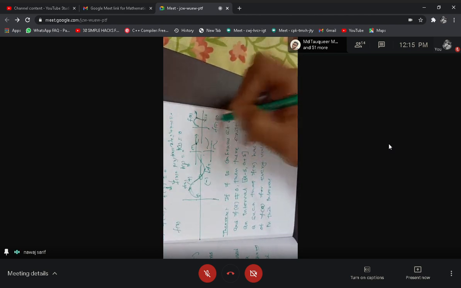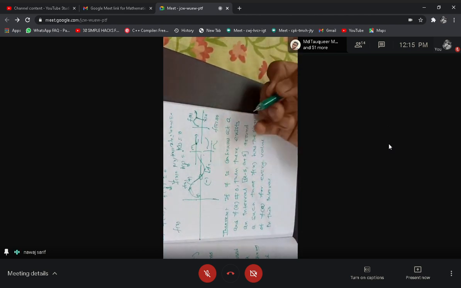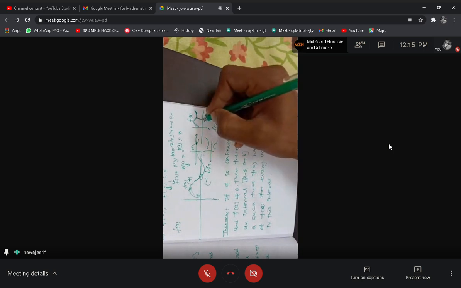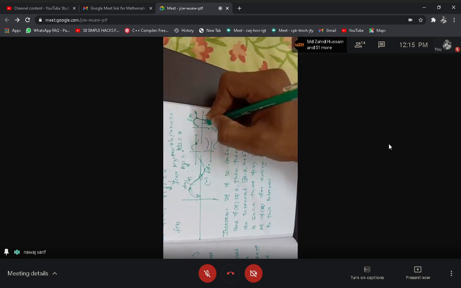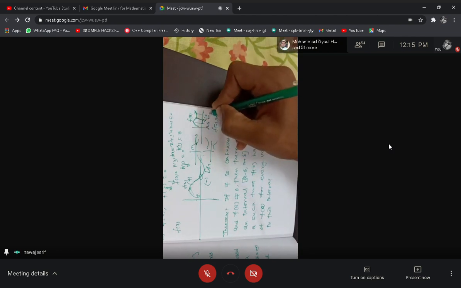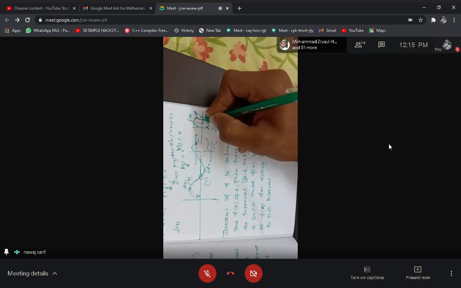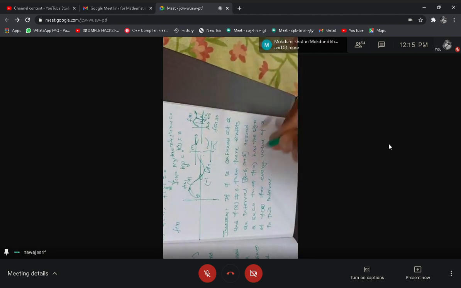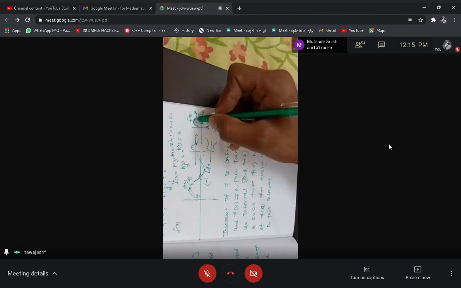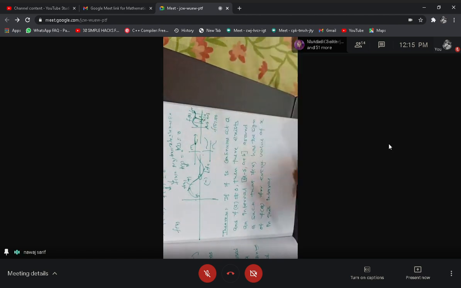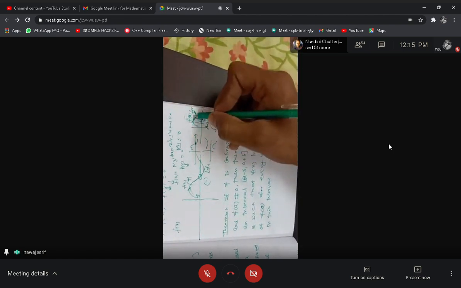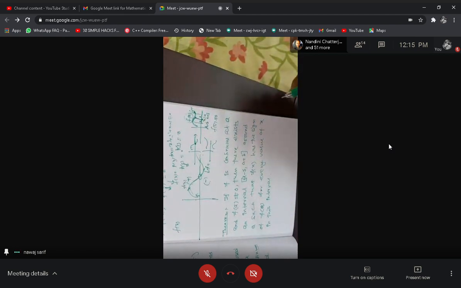Then this tells us that there exists an interval, a minus delta, this is x equal to a, and a plus delta, where this distance is delta and this distance is also delta, such that f(x) has the same sign as f(a).